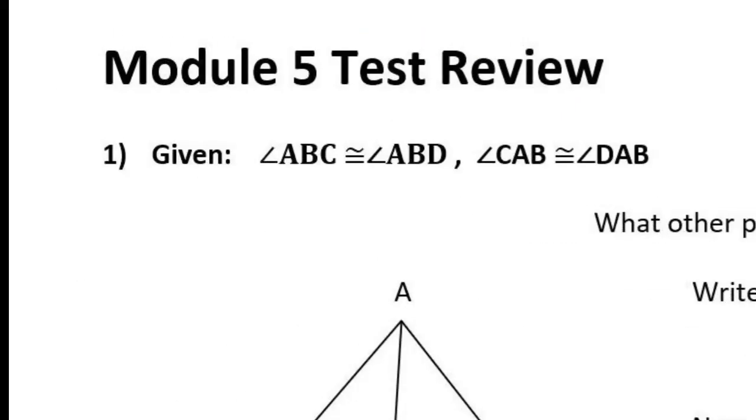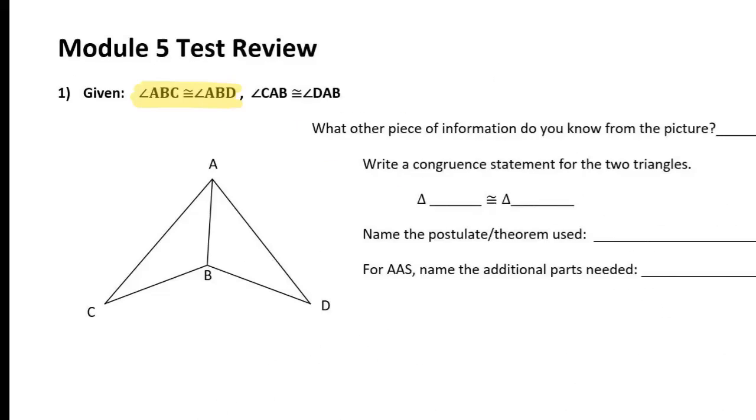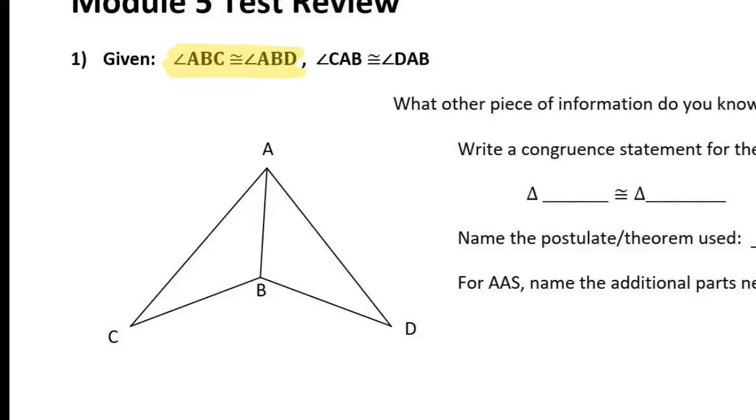Given angle ABC is congruent to angle ABD. ABC is this angle right here, and ABD is this angle right here.